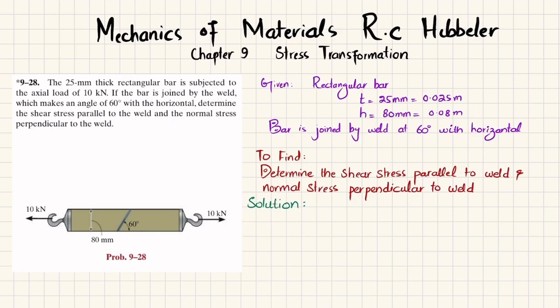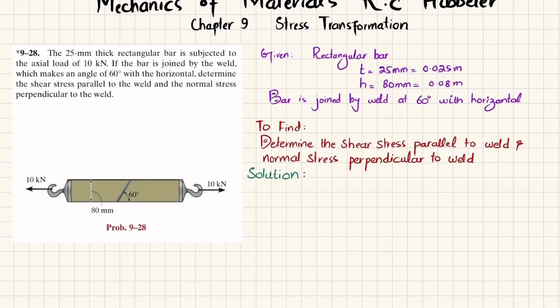So the first step is that you can see you have a 10 kilonewton axial load. So we'll find the axial stress, and that axial stress is equal to force per unit area. Clear? So force is 10 kilonewton, so 10 into 10 raised to power 3 newton, and the area over which it acts is 80 multiplied by 25 millimeter. So we will convert this millimeter into meter.